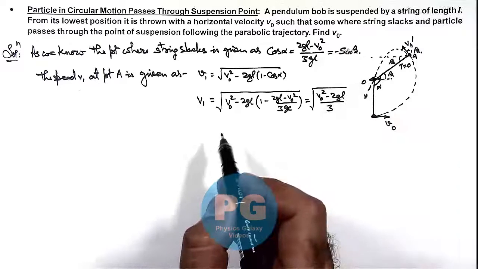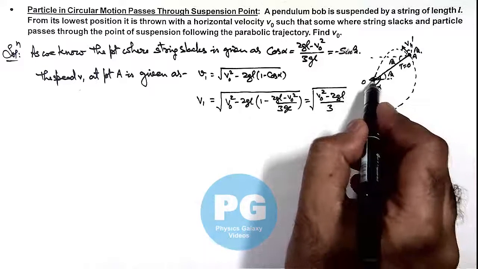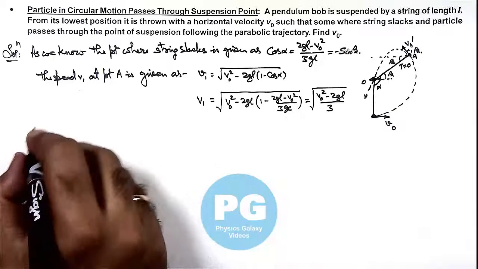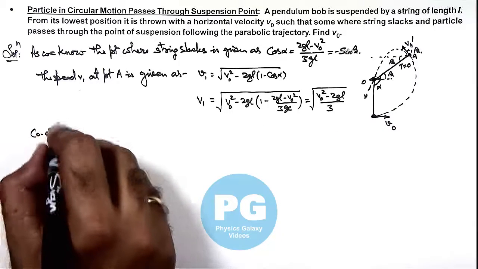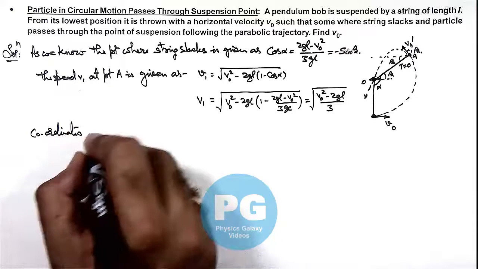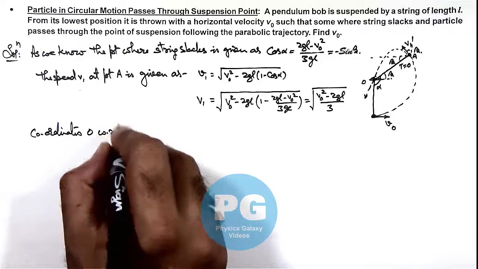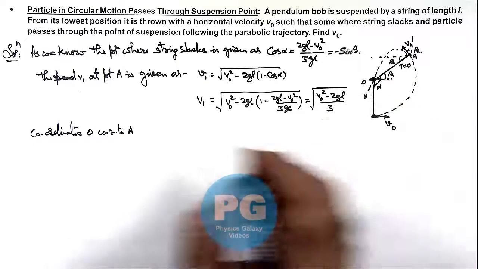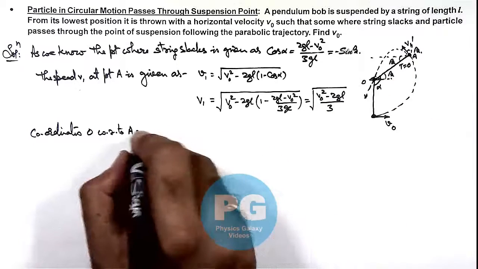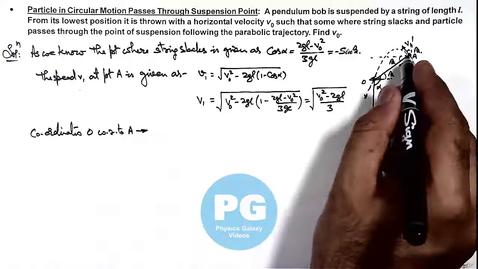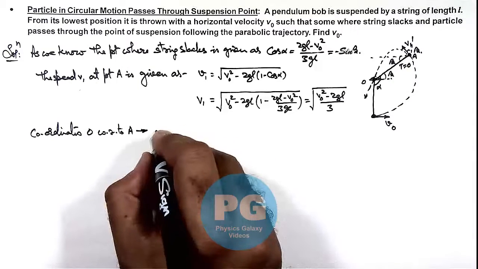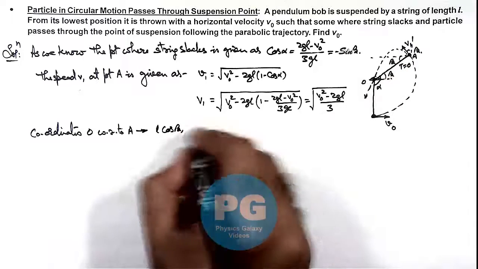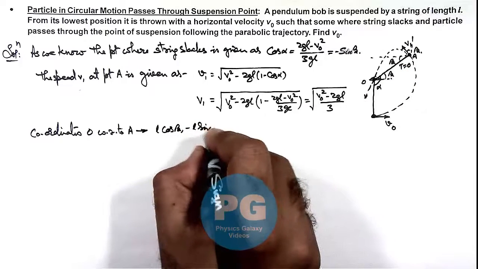Now in this situation, if we consider the point O with respect to point A, which is taken as origin for the projectile trajectory, then we can write the coordinates of O: the x coordinate will be L cos beta and the y coordinate will be minus L sin beta.